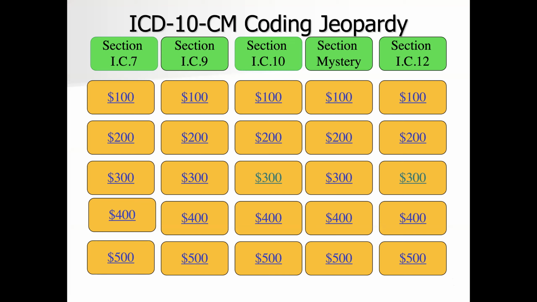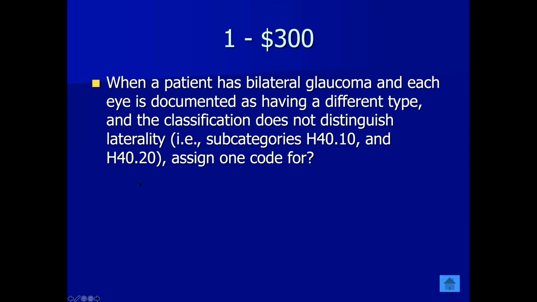Which category would you like? 7 for 300. All right, chapter 7 for 300, and your question is, when a patient has bilateral glaucoma and each eye is documented as having a different type and the classification does not distinguish laterality, you should assign one code for.